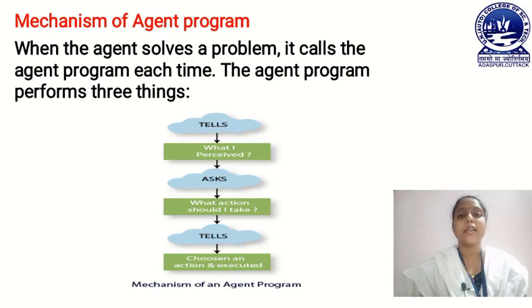Then the next thing is that it asks the knowledge base which action should be performed in the current situation. Then the third thing is that it tells the knowledge base which action is chosen, and the knowledge-based agent finally executes that action. These are the three important things performed by a knowledge-based agent program when a knowledge-based agent solves a problem.